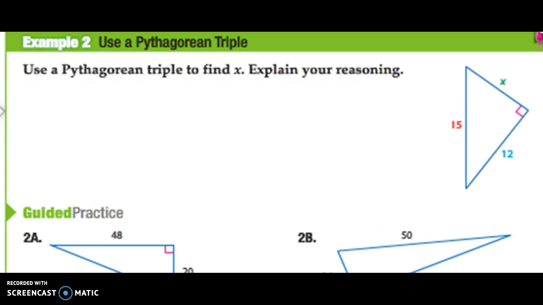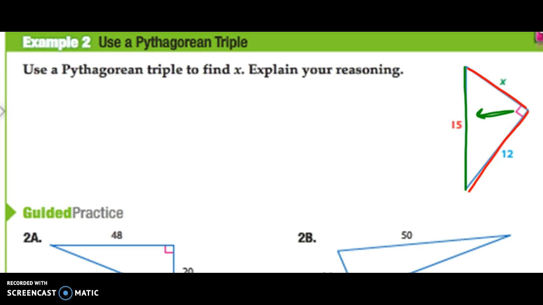It says use a Pythagorean triple to find the value of x and explain your reasoning. So right now it says we have one leg that's x, one that's 12, and my hypotenuse across from the right angle is 15. So I look back onto the last page to see what my Pythagorean triples were that had one leg 12 and the hypotenuse 15.